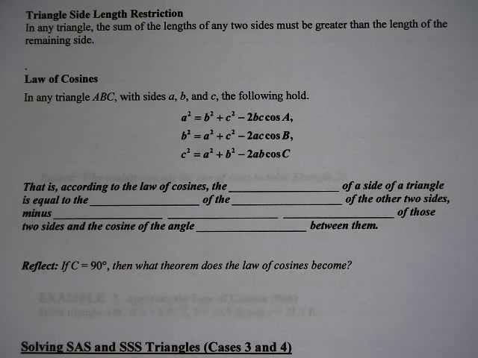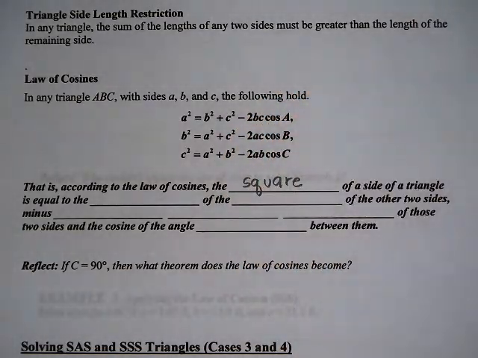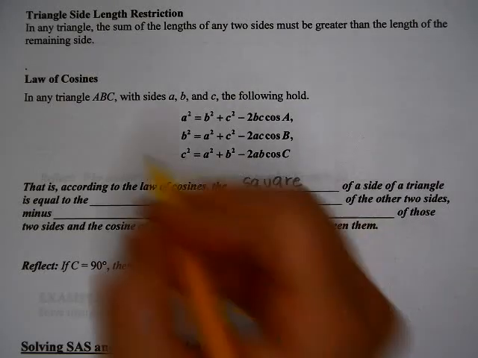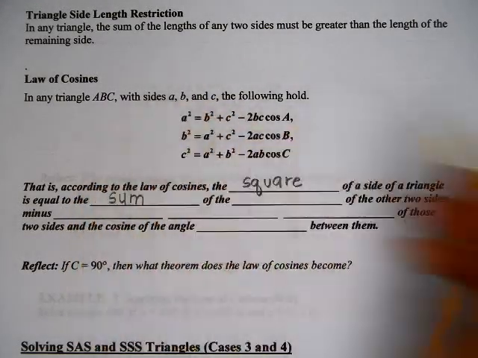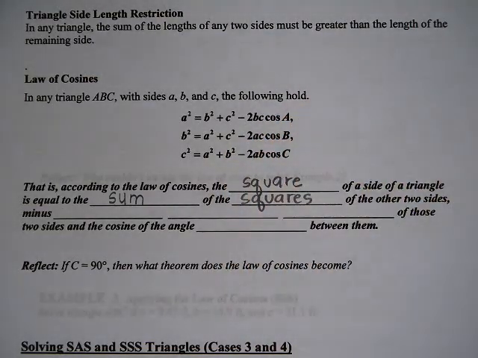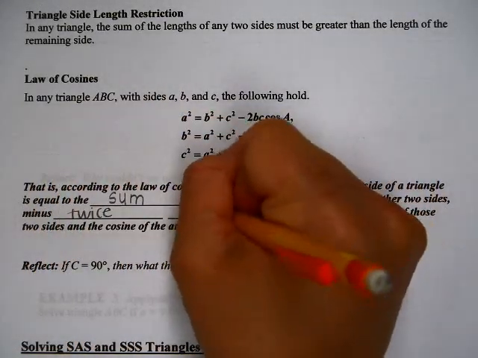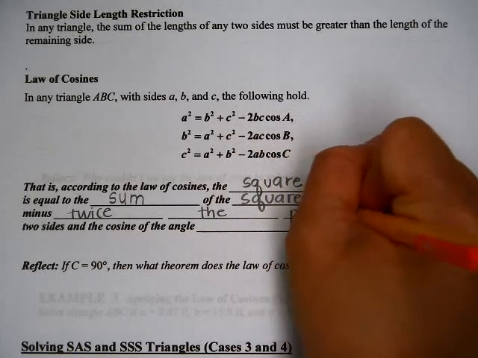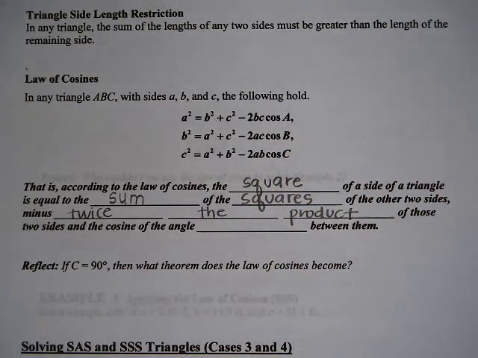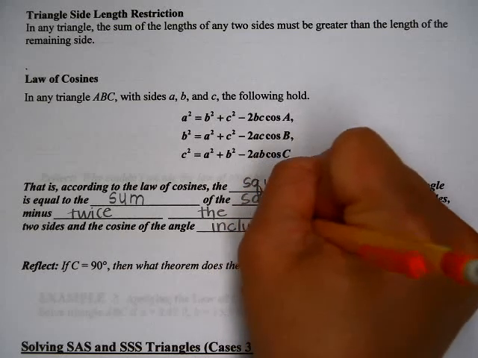And then it says that, according to the law of cosines, the square of a side of a triangle is equal to the sum of the squares of the other two sides minus twice the product of those two sides and the cosine of the angle included between them.